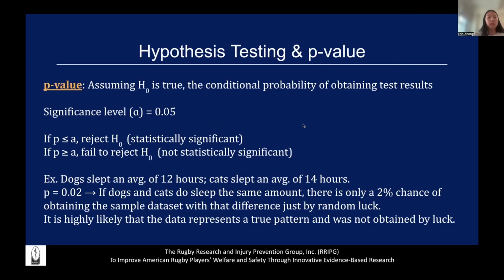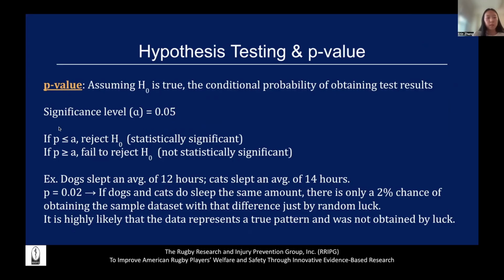And then this is p-value, which is, assuming that the null hypothesis is true, the conditional probability of obtaining the test results. So here's how it works. You have the significance level, which is by standard 0.05, which is like 5%, and that's the threshold for deciding if the pattern in the data is true or most likely obtained by luck.